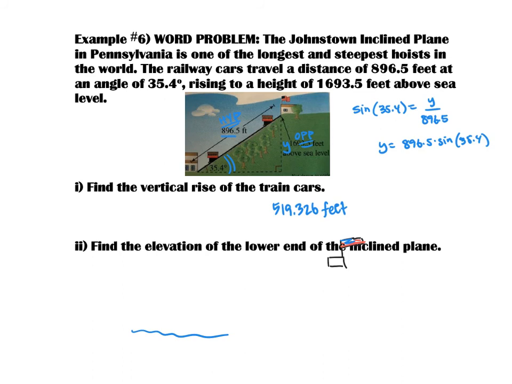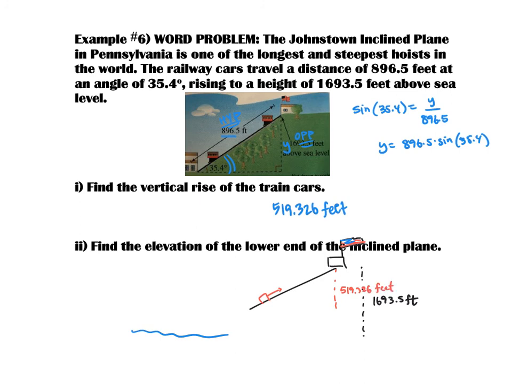All right, so I know at the top of this incline, the height above sea level is 1693.5 feet. I also know that the height that the train cars will rise as they go up is 519.326 feet.